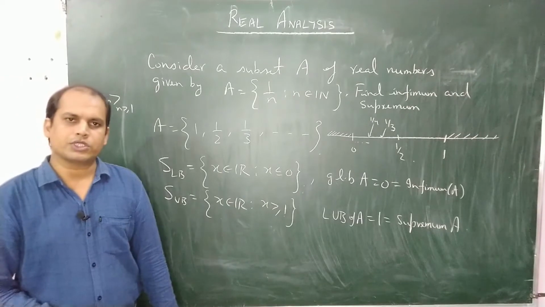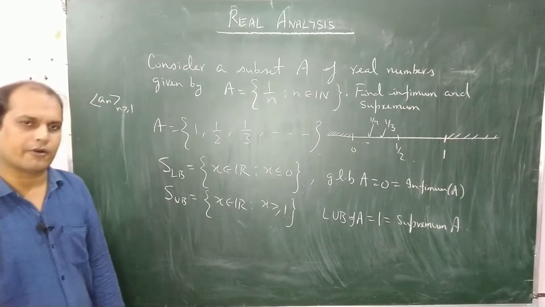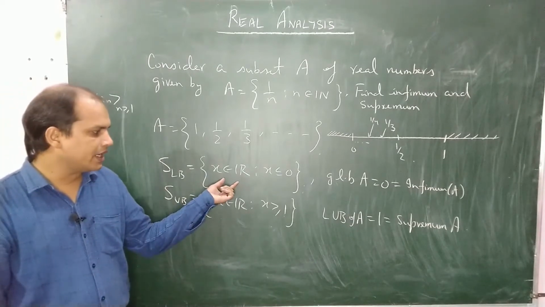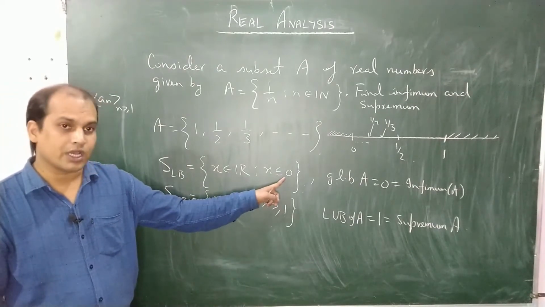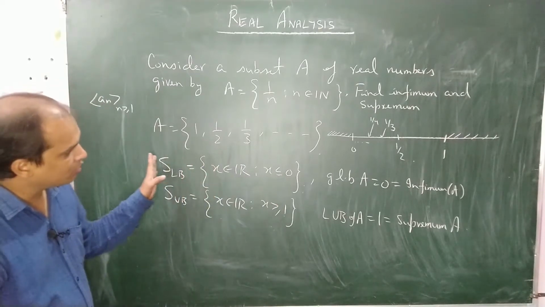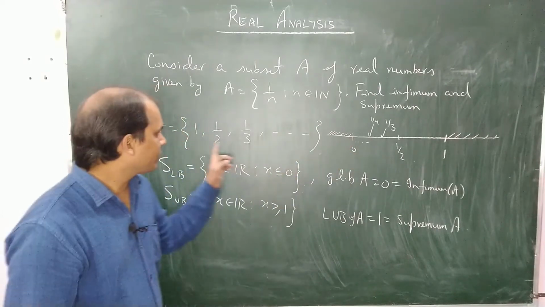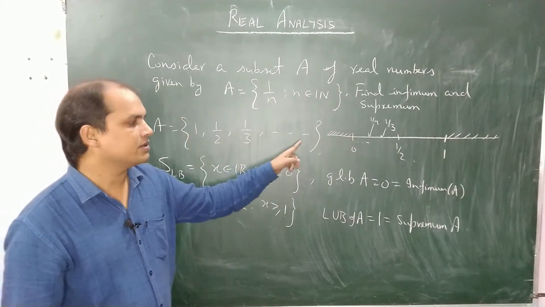Now an important question is how to show that any number greater than 0 is not a lower bound, because 0 is actually not present in this set.